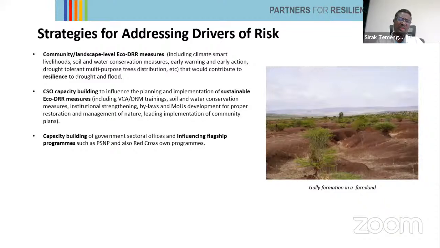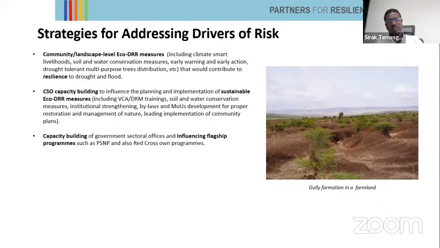The first one is community and landscape level Eco-DRR measures, which include climate-smart livelihoods, soil and water conservation measures, early warning, early actions, and supporting the adoption of drought-tolerant multi-purpose trees, and the distribution of seedlings that have a dual purpose for soil and water conservation, as well as providing fodder for the animals and fruits for human consumption. These all contribute to the resilience of people.